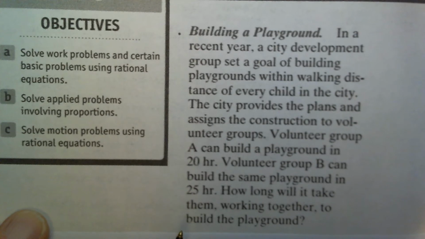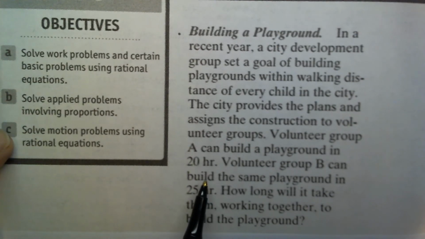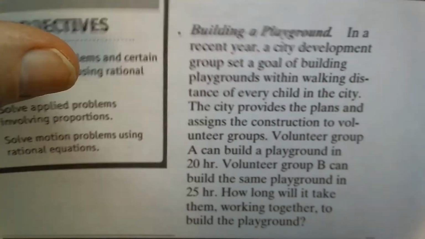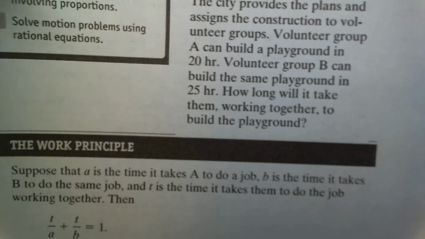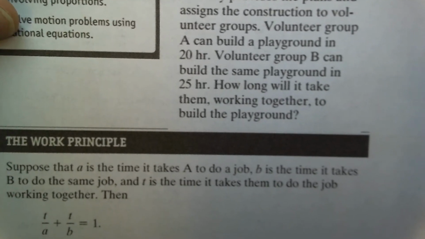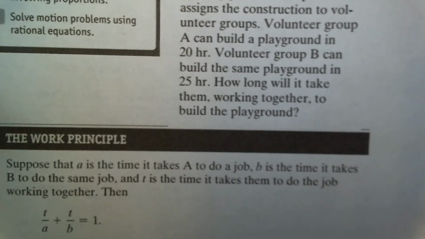Here we talk about rates. Group A works at a rate of 1/20th of the project per hour, and group B at 1/25th of the project per hour. Here's the work principle: suppose A is the time it takes group A to do the job, B is the time it takes group B to do the job, and T is the time it takes them to do the job working together.